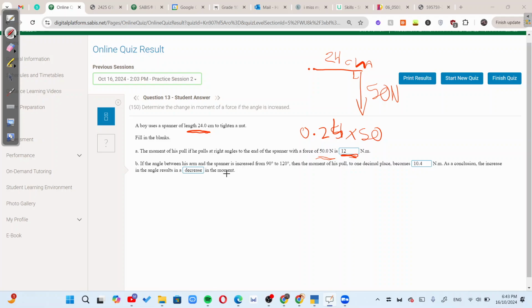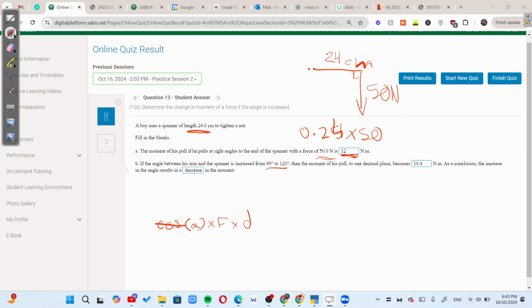Now, if the angle between his arms and the spanner increases from 90 to 120, the moment of his pull to one decimal point. Now, what we have to do here is find the horizontal angle and do cosine times force times distance. I don't know if you remember this rule to find the moment. Here we won't find the horizontal distance, because it's more than 90.